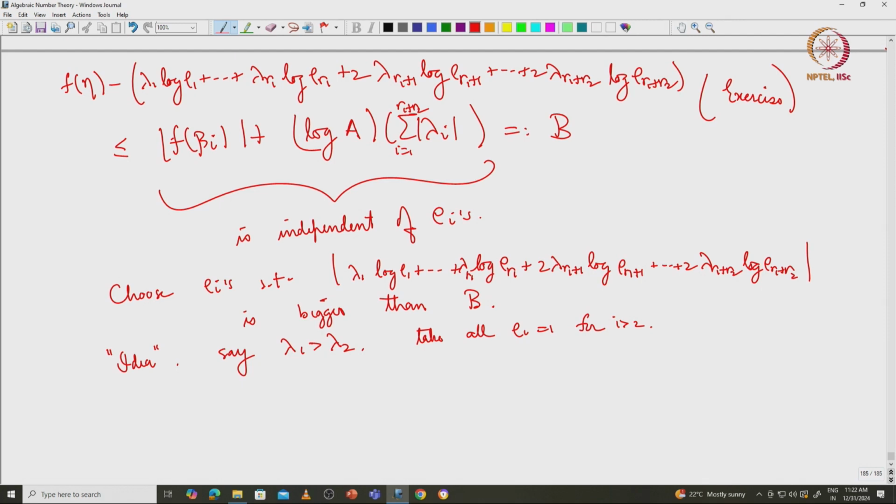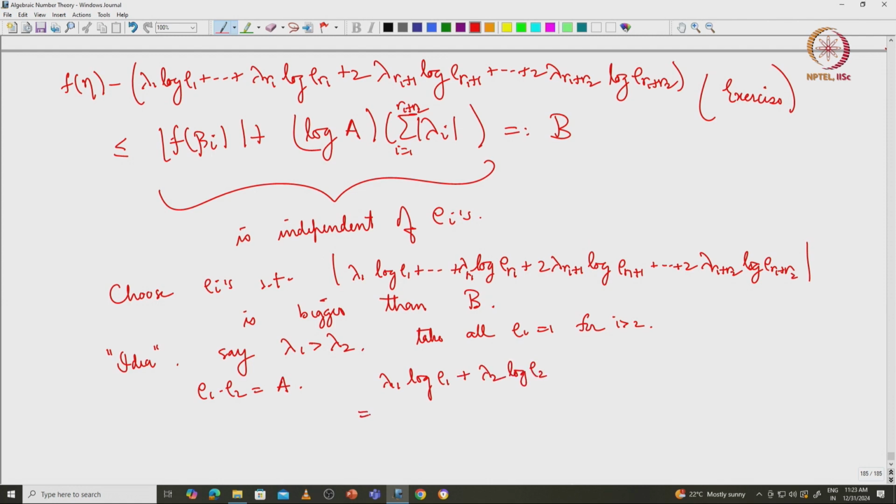Right. So we want to have rho 1 times rho 2 to be equal to A, and so we can write this as lambda 1 log rho 1 plus lambda 2 log rho 2.